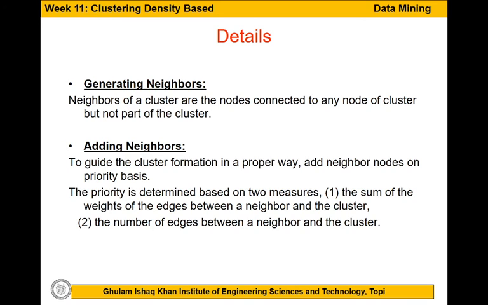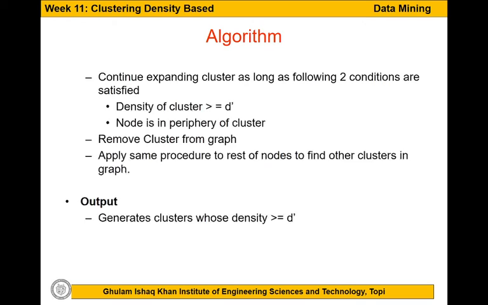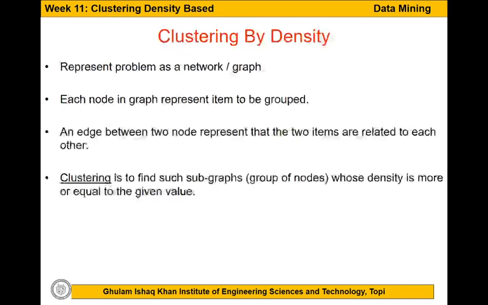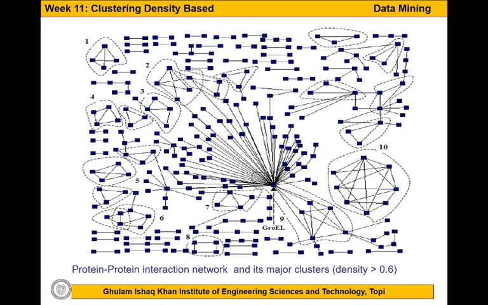Okay. Now the next task is generating neighbors. For example, let me use this graph. Once we have decided that this is the starting node, the next task will be to generate all neighbors. Now this is sort of simple.